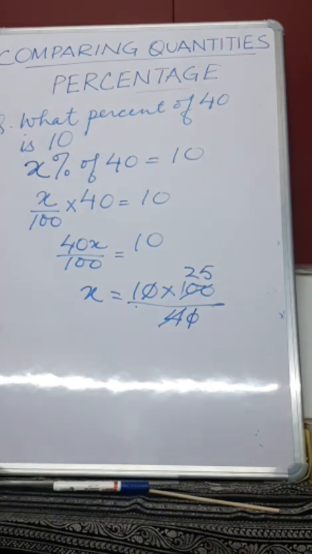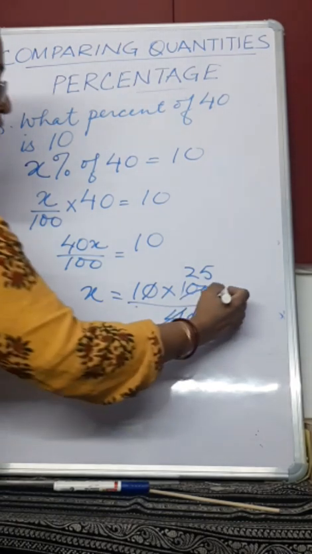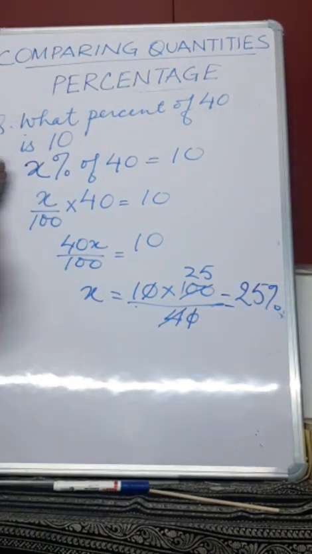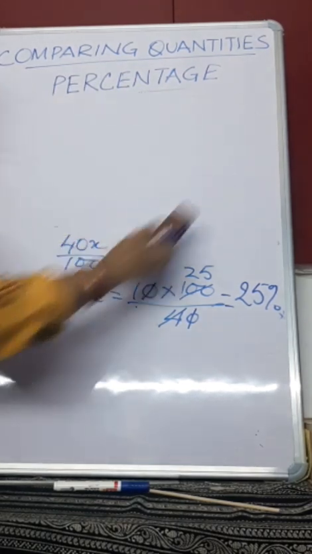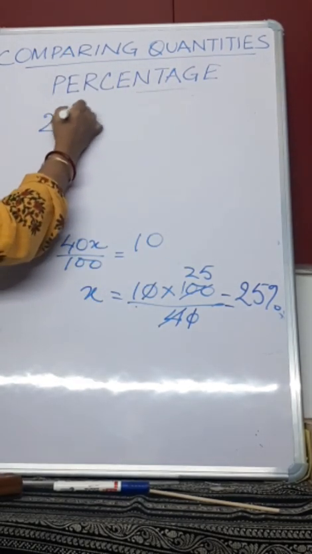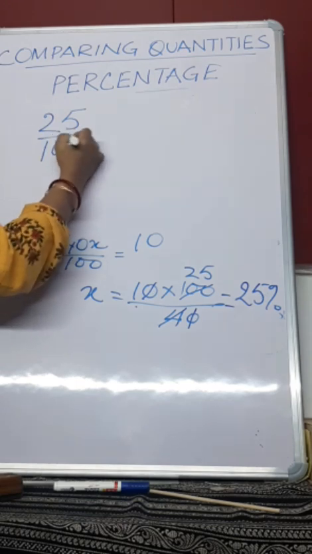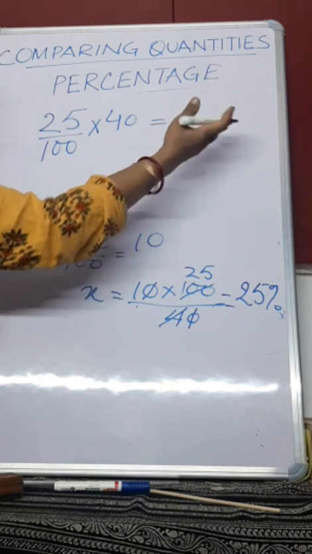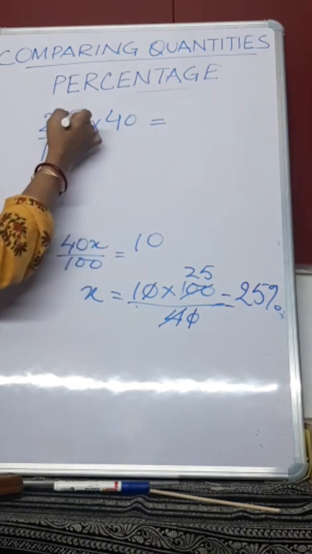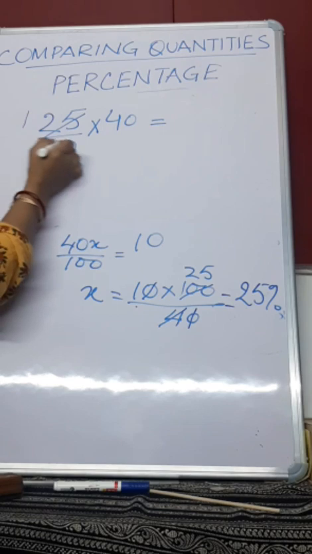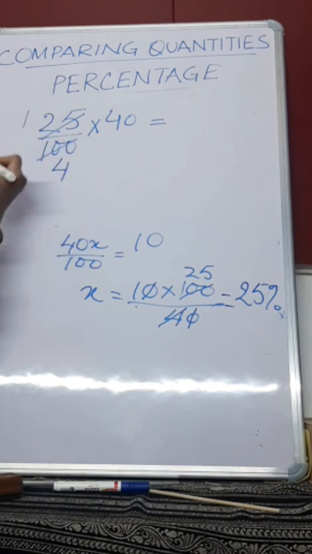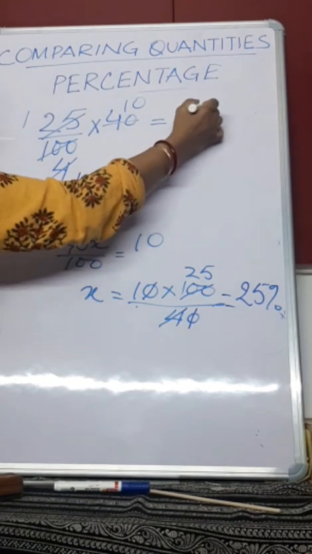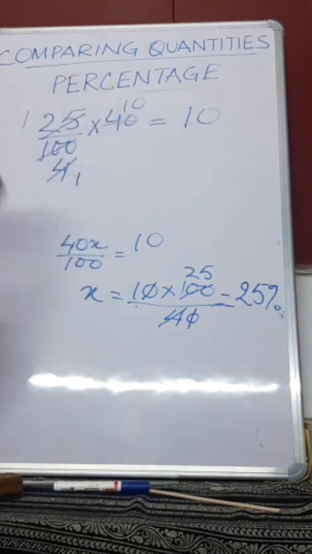Let's check whether 25% of 40 is 10 or not. So we can cancel. 25 ones are 25, 25 fours are 100, 4 ones are 4, 4 tens are 20. So 25% of 40 is 10.